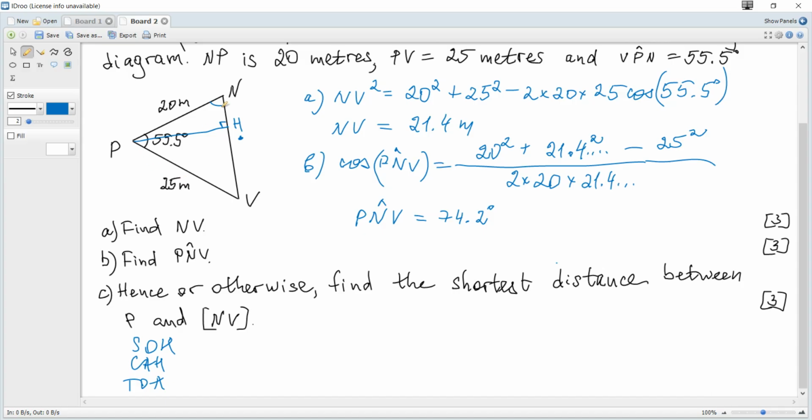So with respect to the angle N, PH is what? Opposite, and PN is hypotenuse, opposite over hypotenuse, so we need sine.